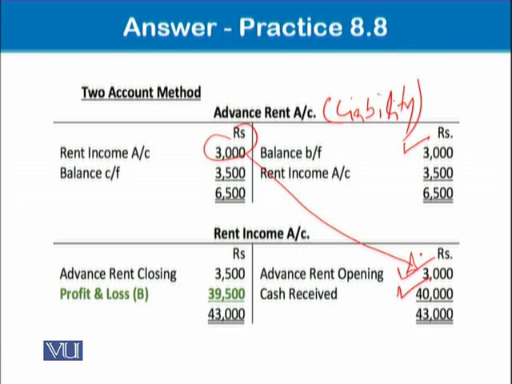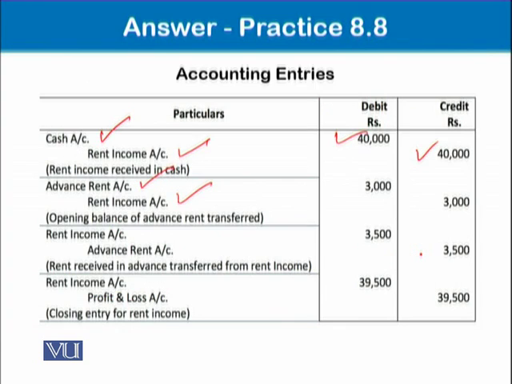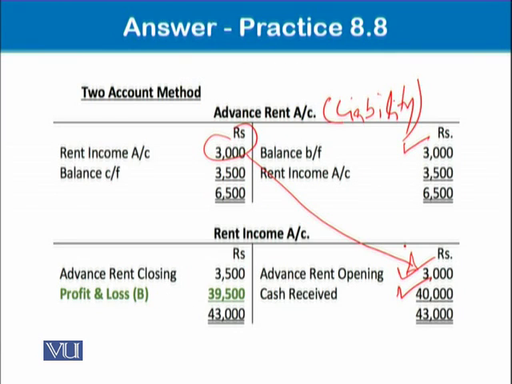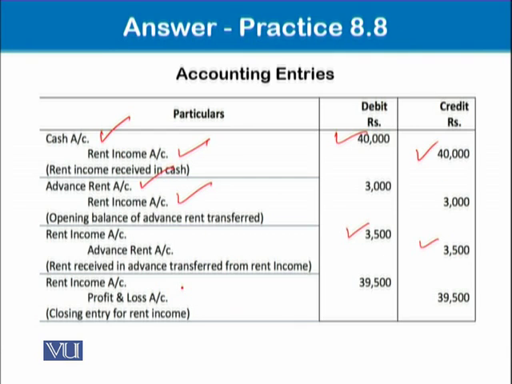Well, and next is that rent income is debited and advance rent is credited 3,500, that we have received in this year. When we balance it out, its carry forward balance, which is the credit balance, will be taken to the balance sheet, and when we balance out this income account, its balancing figure, 39,500, will be taken to profit or loss with the closing entry.